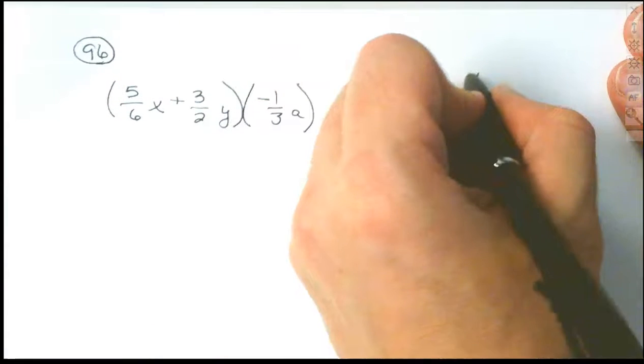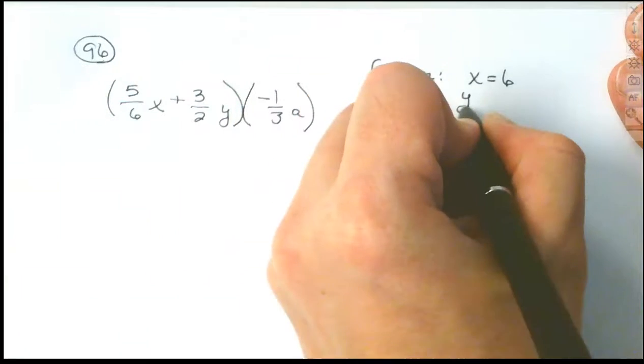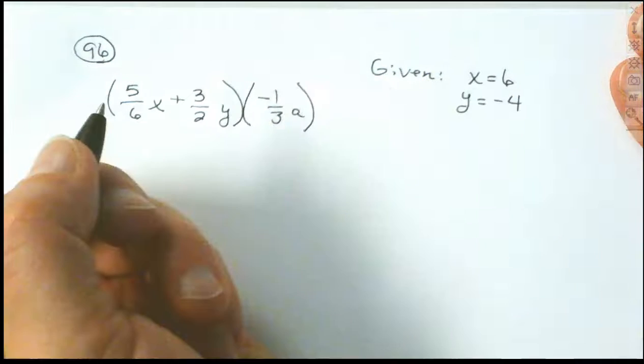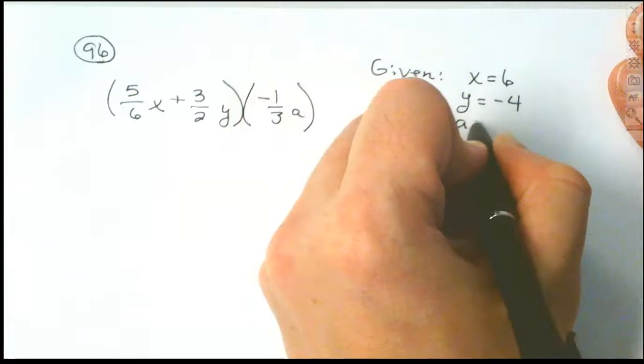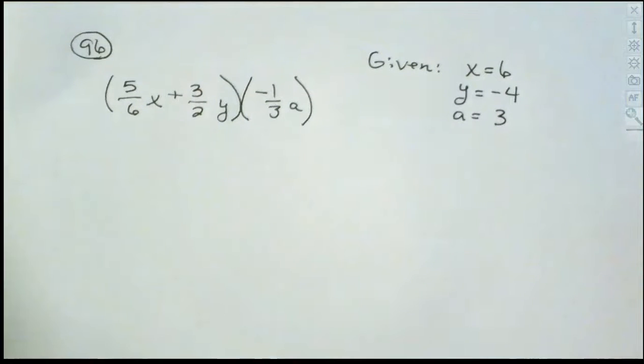You're given x is 6, y is -4, and a is 3. And it's not going to be as difficult as a lot of the others because most of these fractions are just going to clear themselves out. Okay, so it's not going to be difficult once we work with the fractions because we shouldn't have to really worry about common denominators so much because these should go away.